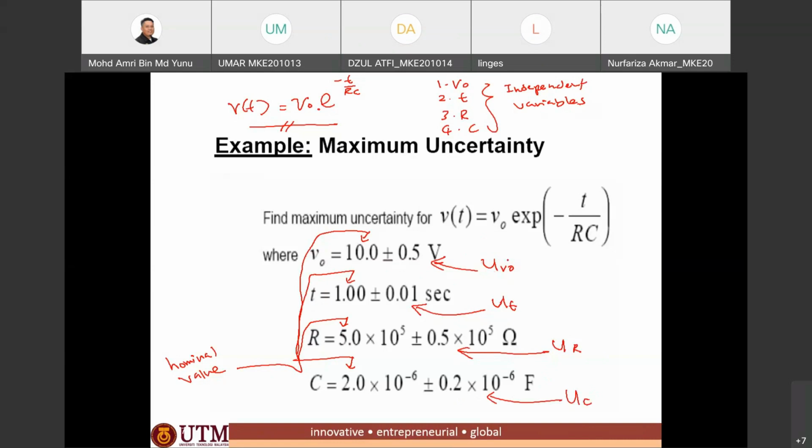And there's the nominal value. For example, for V out it is 10 volts, the nominal value, and the uncertainty is 0.5 volt.